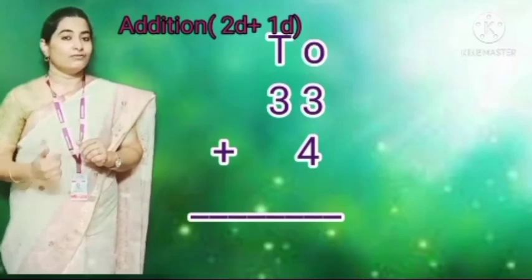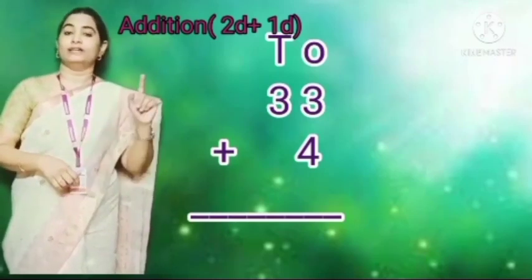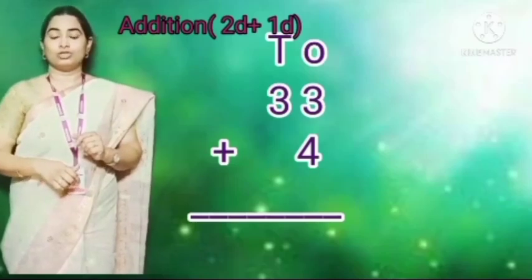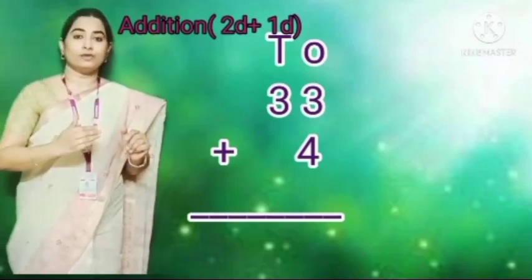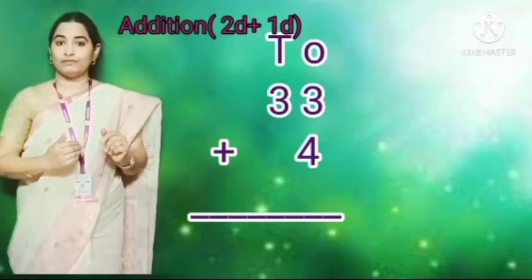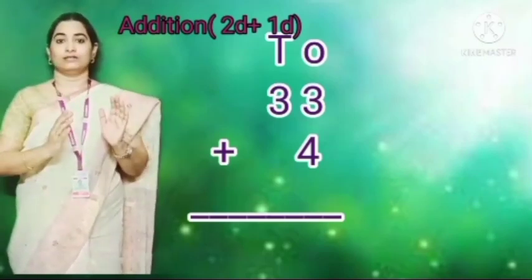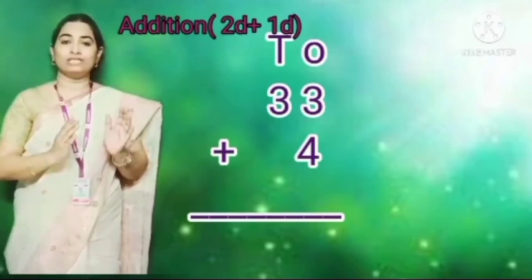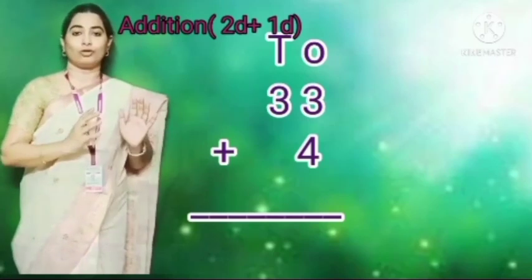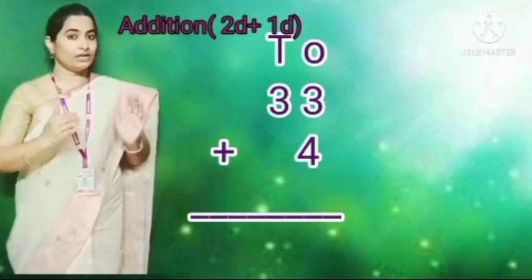33 plus 4. We are going to add 33 plus 4. So children, here first we are going to start with ones. In the ones place we have 3 plus 4.